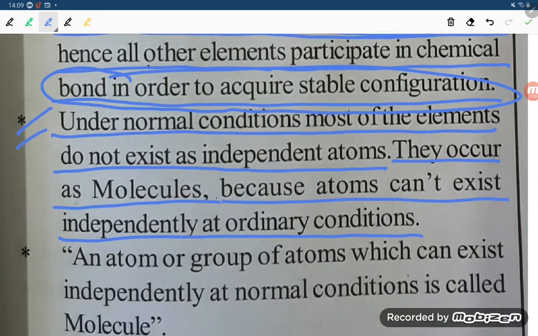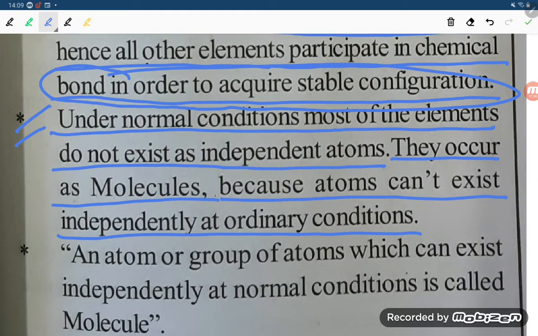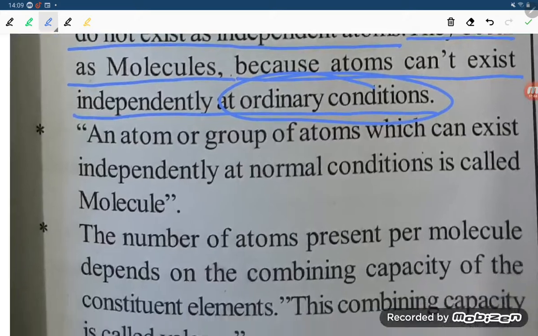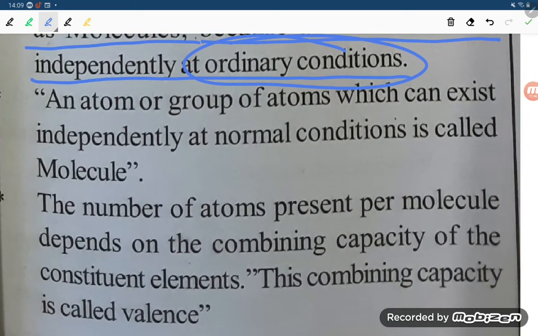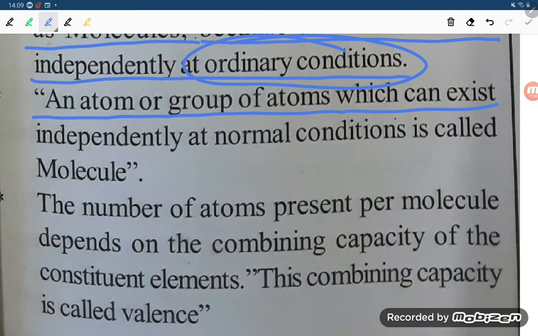So that is the same point: under normal conditions most elements do not exist as independent atoms, they occur as molecules, because atoms can't exist independently at ordinary conditions. Next point, let us read it out, student. An atom or group of atoms which can exist independently at normal condition is called a molecule.